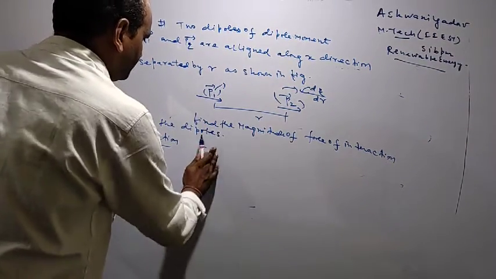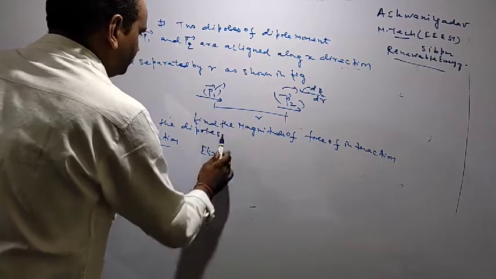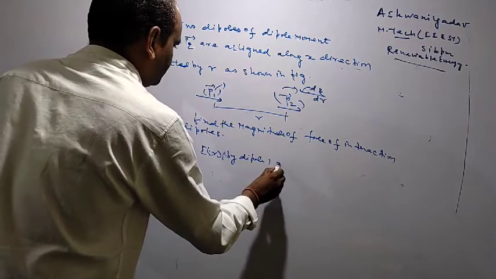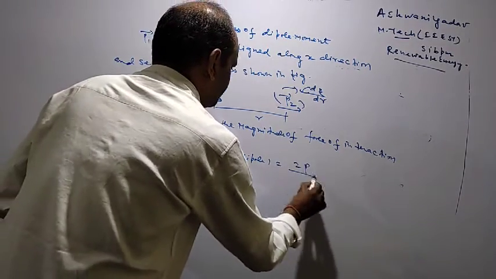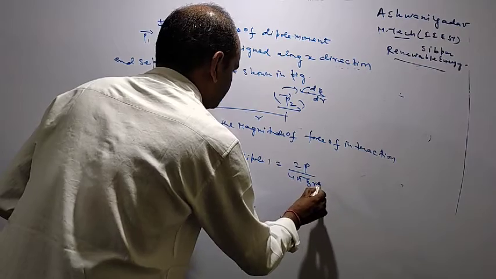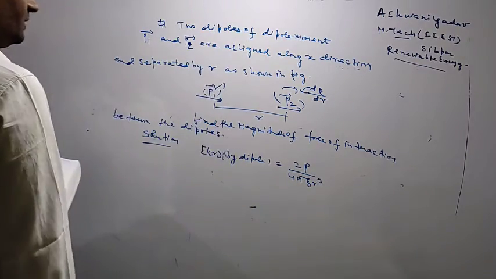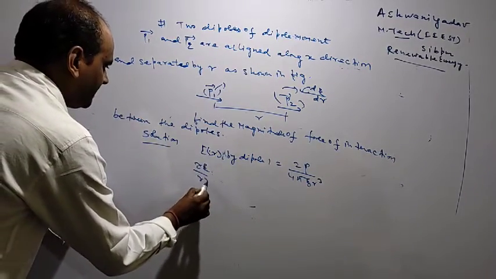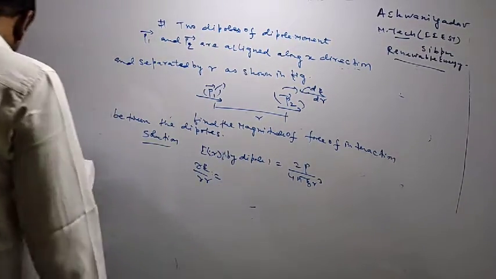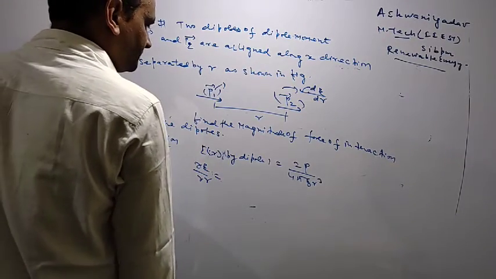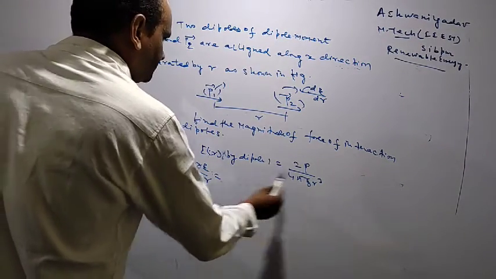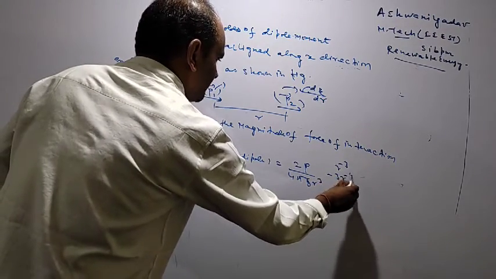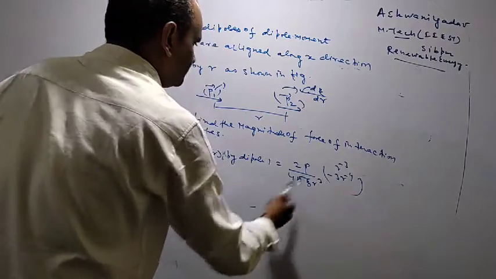The electric field as a function of r by dipole 1 is nothing but 2p over 4 pi epsilon naught r cube. So how is it varying? Just find dE by dr. What will you get? You will get r to the power minus 3, r to the power minus 4.